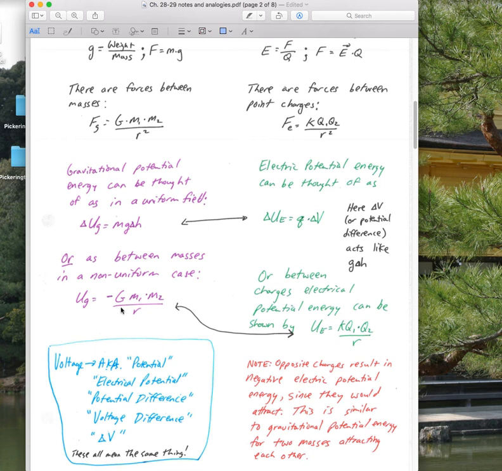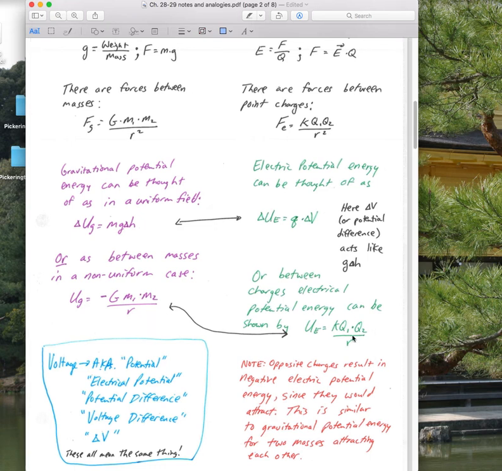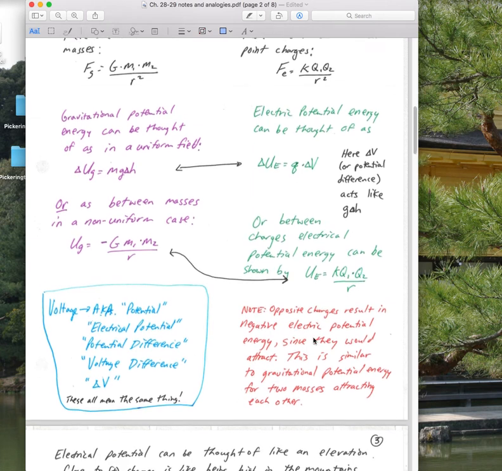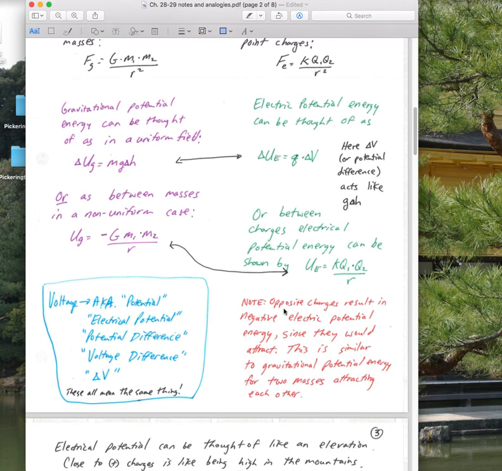So this is potential energy between two masses, and here's the potential energy between two charges. Again, it looks very similar. Now, the key thing is, if one of these is positive and one is negative, opposite charges would result in negative potential energy since they would attract.